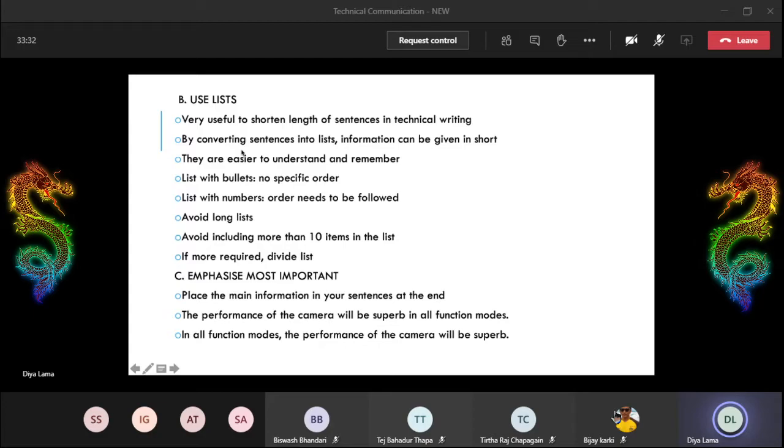So a list with bullets has no specific order. So when you're putting bullets like this, a tick mark, or anything, there are arrows and everything in Microsoft Word. So whenever you use bullets like this, there's no specific order. The order in which I've put these things is not in any specific order. So it's not like this is step 1, this is step 2.